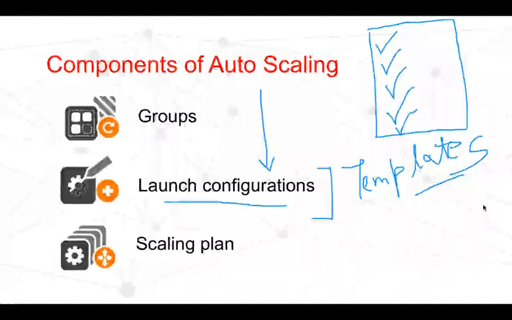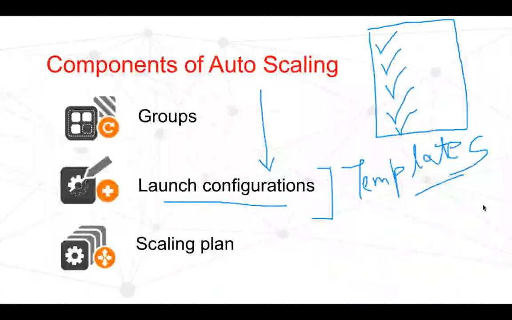Which means that in the scaling plan, I determine when I should scale up or scale down my architecture. What are the thresholds? It can be a high CPU utilization, might be a low CPU utilization, might be a high amount of traffic, low amount of traffic, any event.